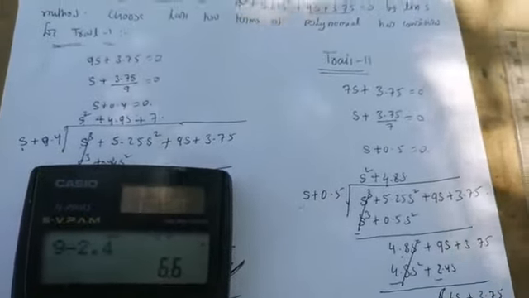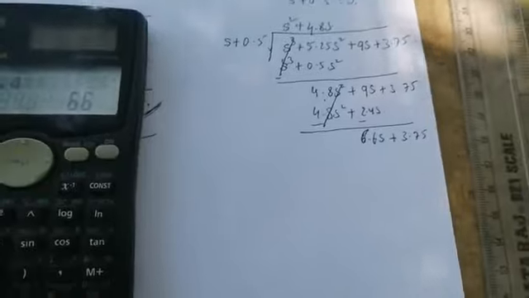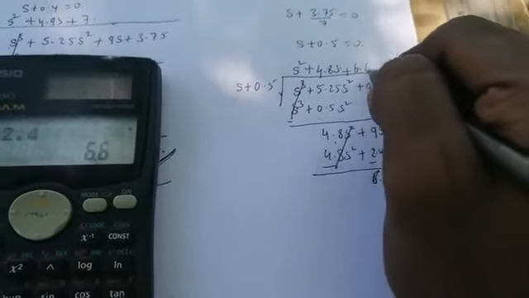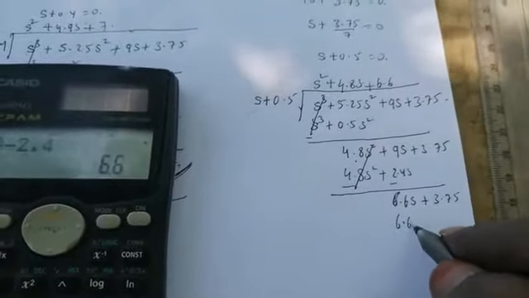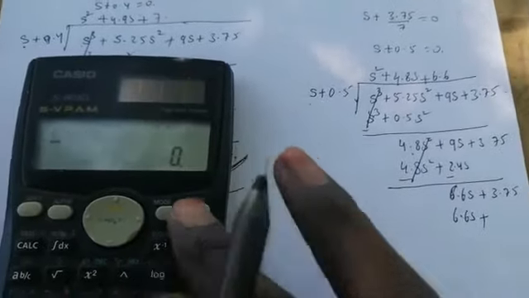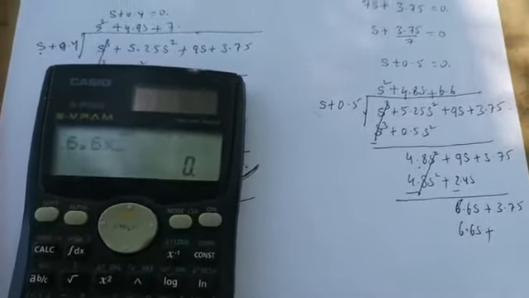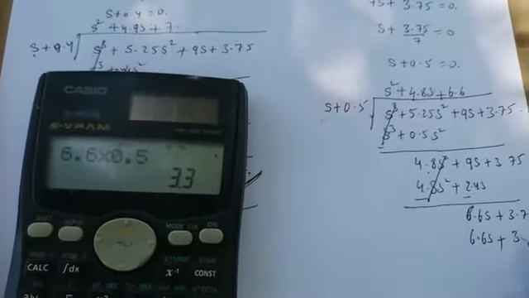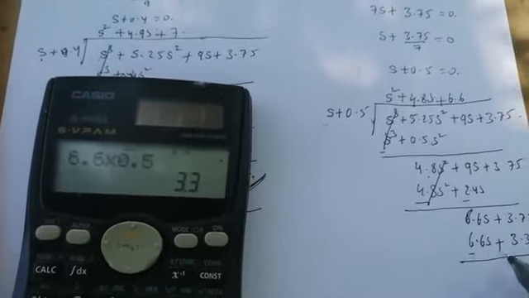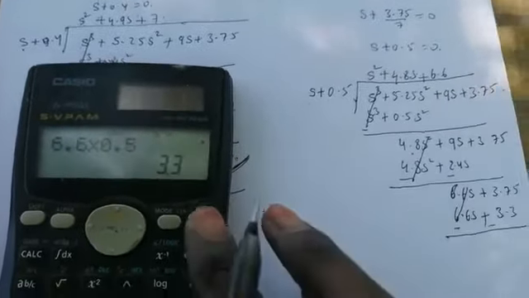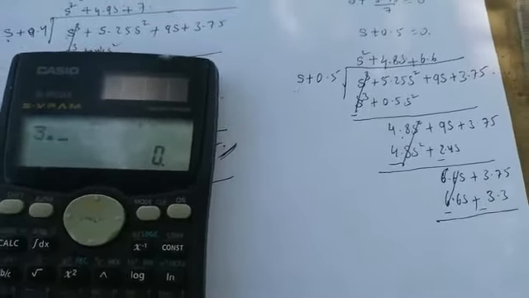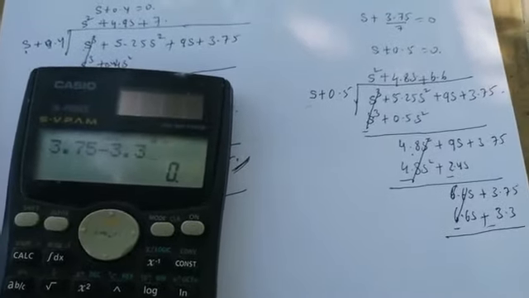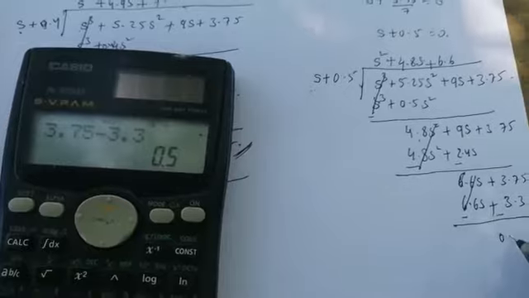Again we have to eliminate this 6.6 term, so we multiply by 6.6. So 6.6 s plus 6.6 into 0.5, 3.3. If you subtract here, 3.75 minus 3.3, you will get 0.45.